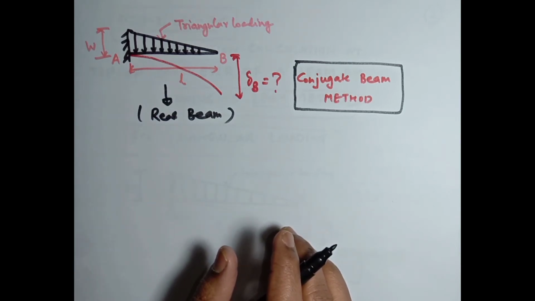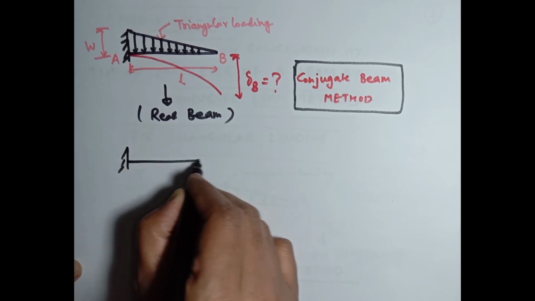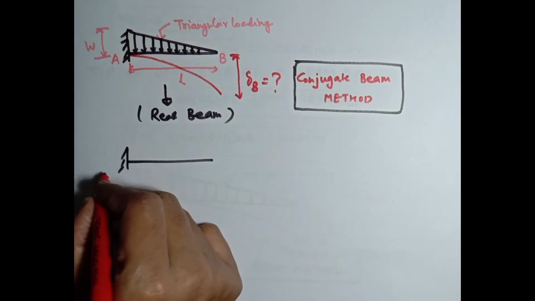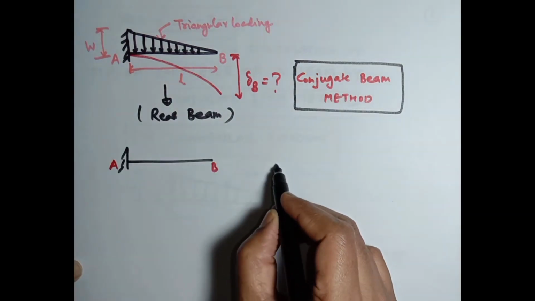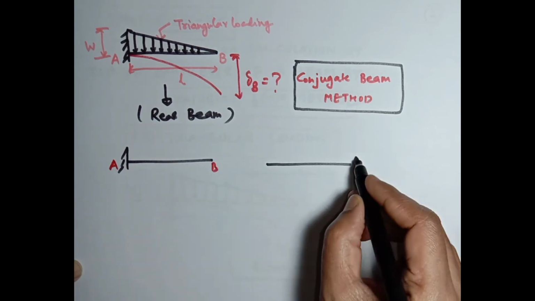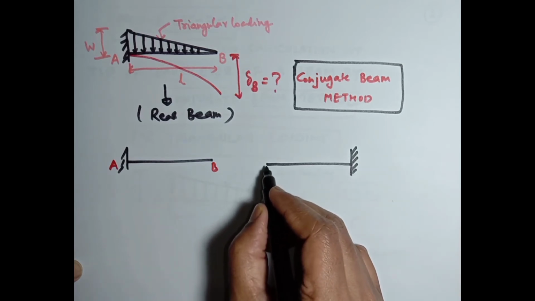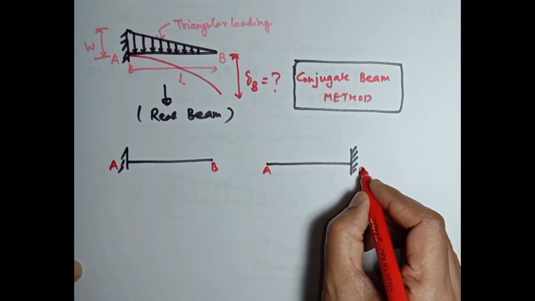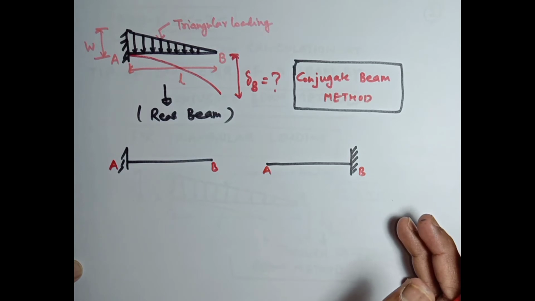As per the statement of conjugate beam, suppose this is a real beam, fixed end is A and free end is B. Its conjugate beam will have the free end become a fixed end, and the fixed end become a free end. So you can say points A and B will be the same, but the support ends will be changed.